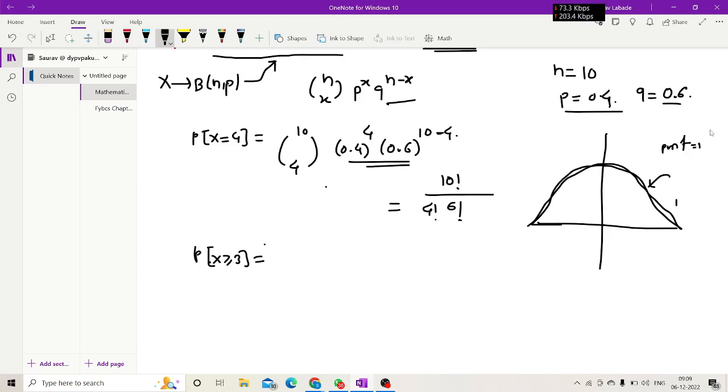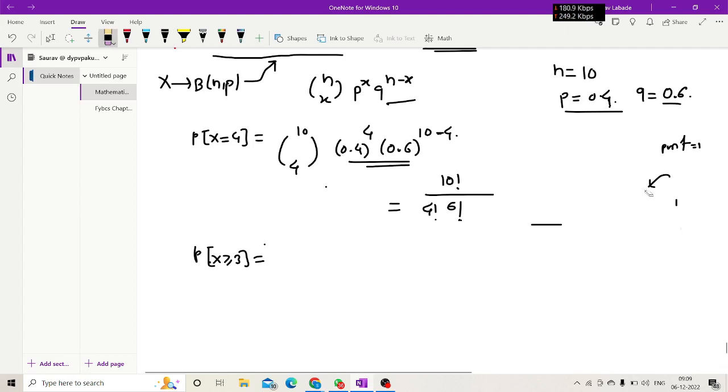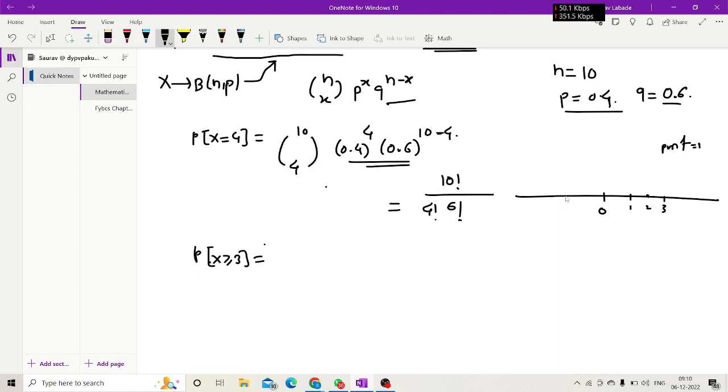PMF equals 1. Now what happens? Suppose this is the point which is 3. Rather than this, let's consider the line, right? Here 0, 1, 2, 3, minus 1, minus 2, minus 3.